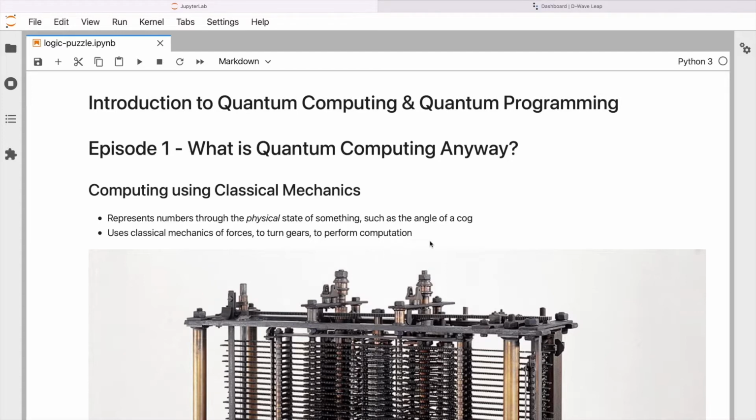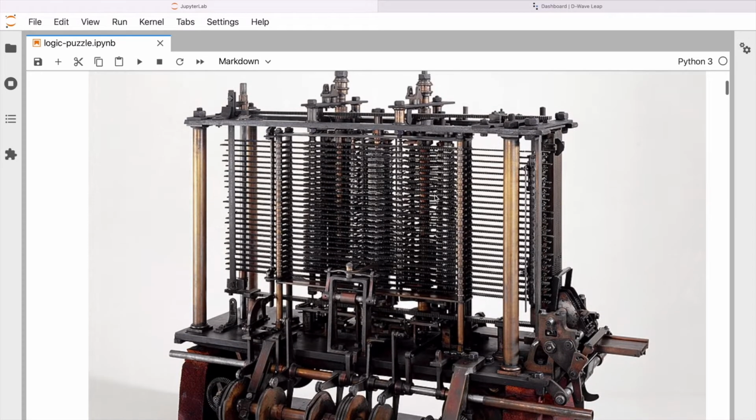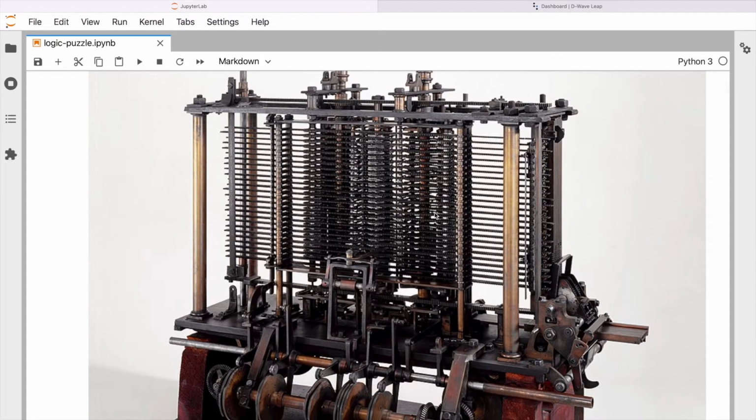In this first episode, we're going to explore what quantum computing is. If we rewind the clock and think about the origins of computing as we understand it, you may have seen things like the difference engine before, shown in the diagram on screen.